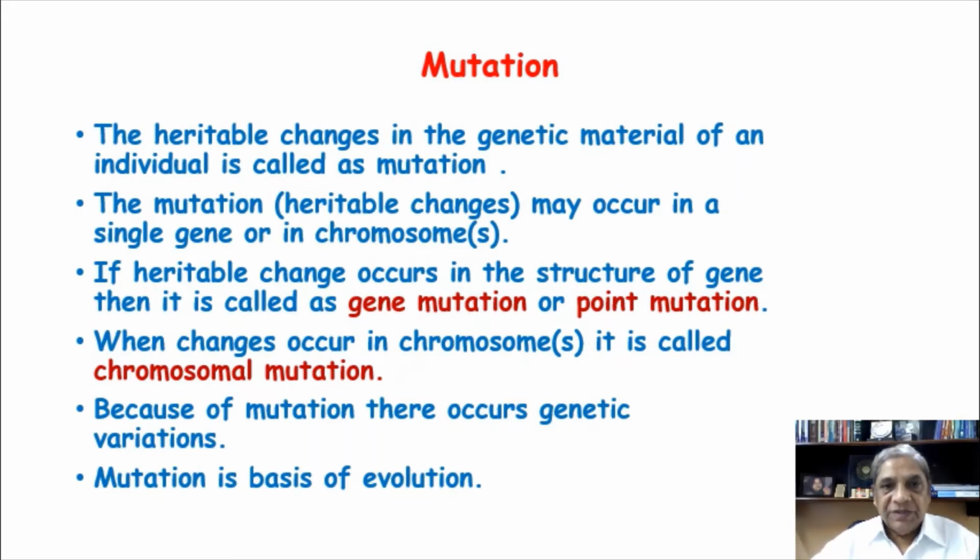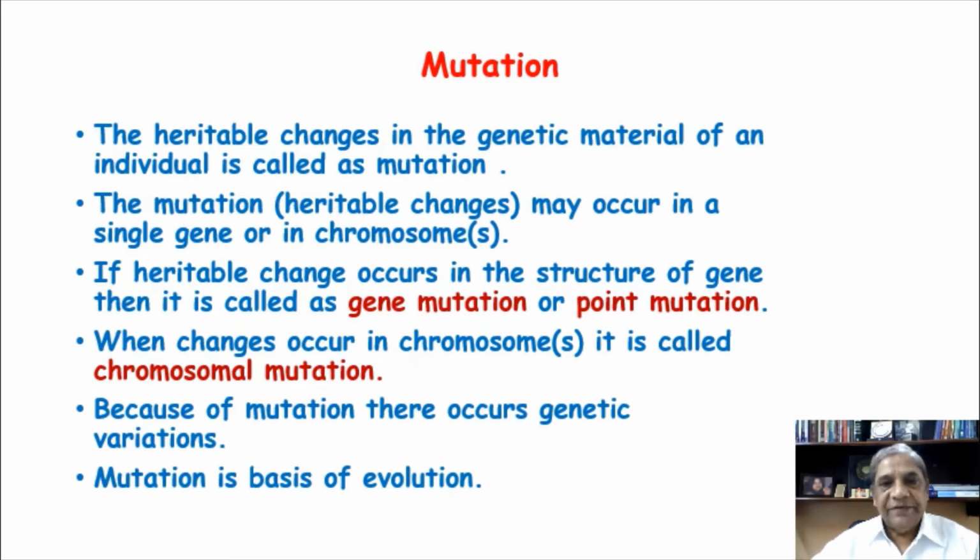In the last slide I explained what genetic material is: either the chromosome or the genes sitting on the chromosomes which may show mutation. So this is the definition of mutation.